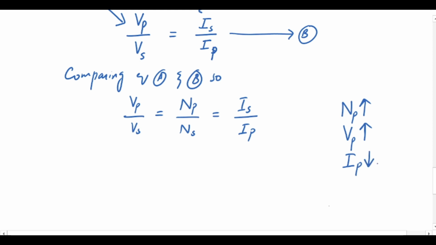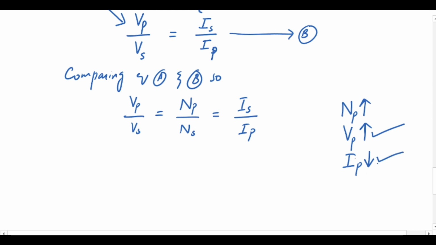Same with the secondary coil. So what we are doing in the transformer is we increase the voltage and then decrease the current. In a transformer the basic principle is we are increasing the voltage and decreasing the current.